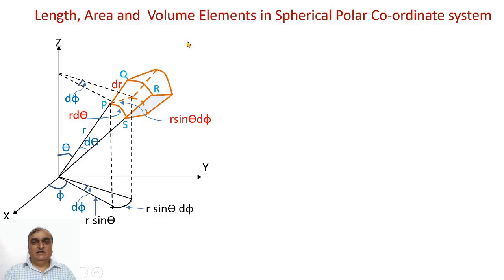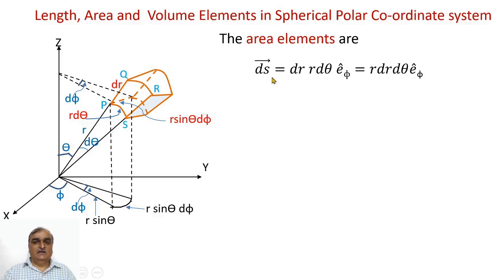Let us derive the area and volume elements in the spherical polar coordinate system. The first area element ds bar is equal to dr into r d theta. This is dr, and this is r d theta. Therefore, this area PQRS is the first area vector, dr into r d theta e phi, because e phi is the unit vector normal to this area, that is, r dr d theta.